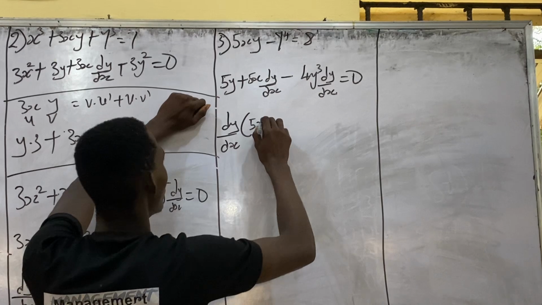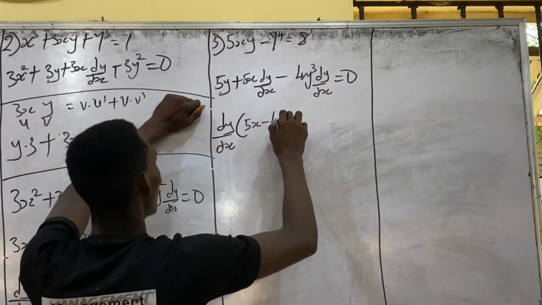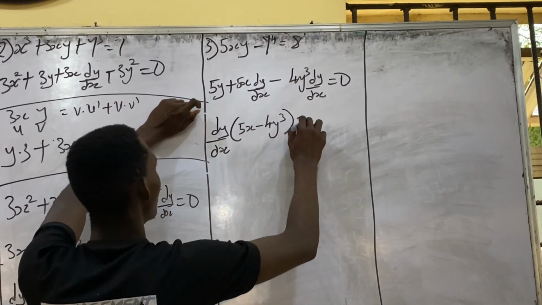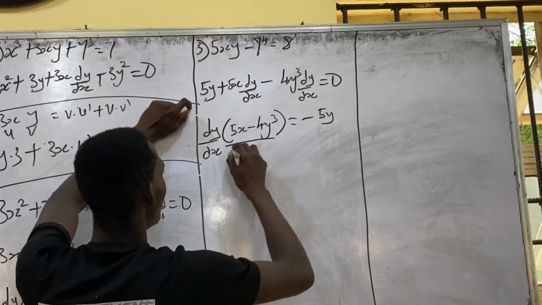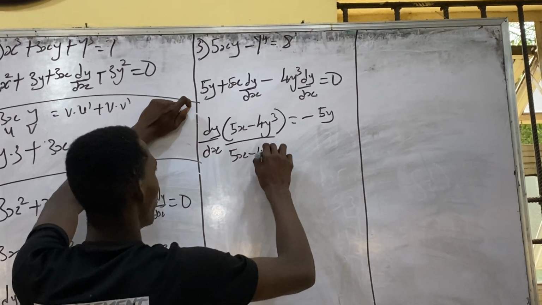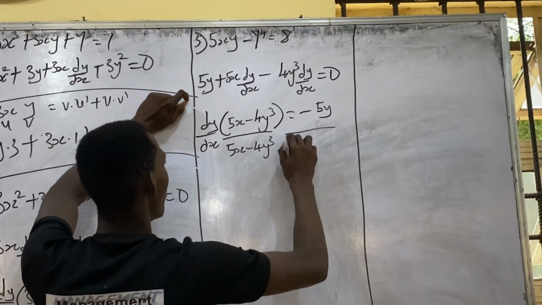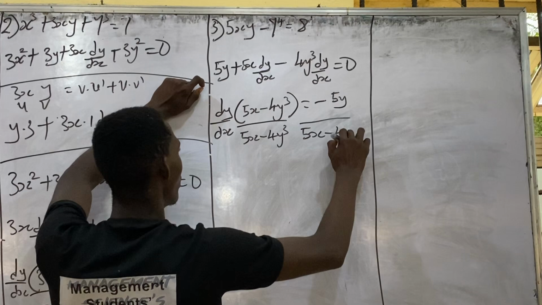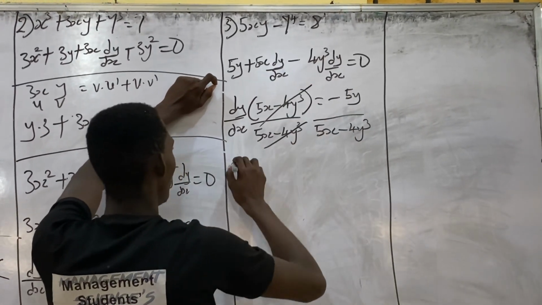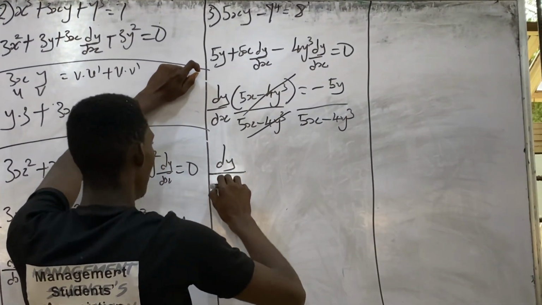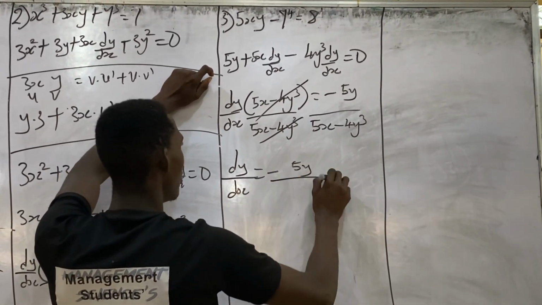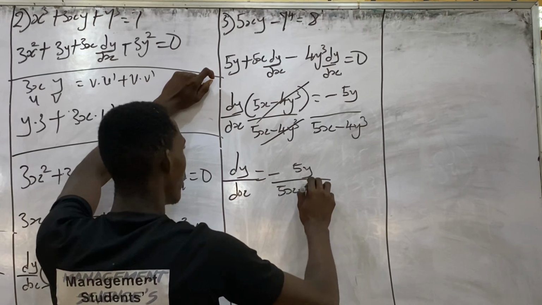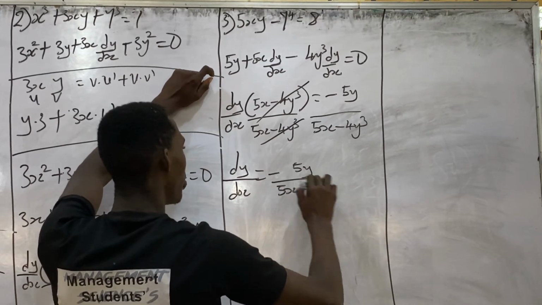We have 5x minus 4y to the power of 3, close bracket, is equal to this coming over to the other side, which gives us minus 5y. When you divide both sides by 5x minus 4y to the power of 3, this cancels this, then our dy over dx is equal to minus 5y over 5x minus 4y to the power of 3.